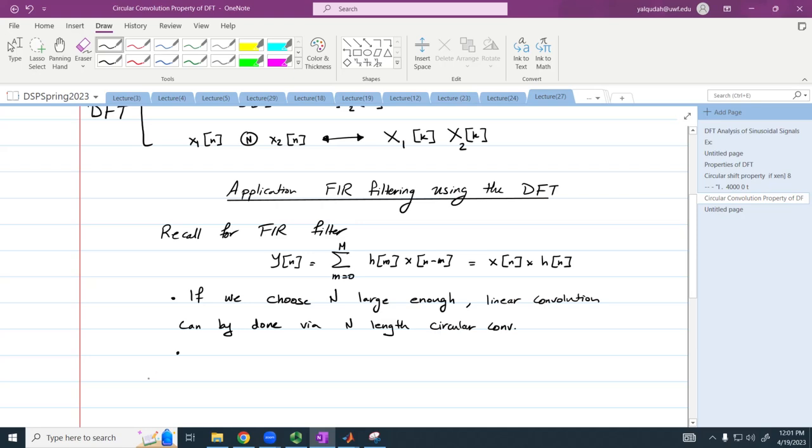We also saw that circular convolution can be done via the discrete Fourier transform.